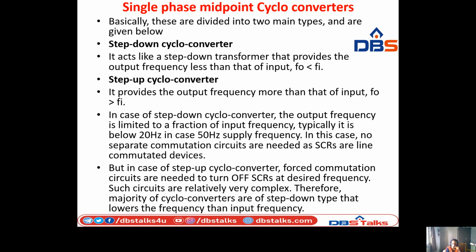And the step up cycloconverter provides an output frequency that is more than the input frequency, so f naught will be greater than fi. In case of step down cycloconverter, the output frequency is limited to a fraction of the input frequency, typically below 20 Hz in case of a 50 Hz supply frequency.